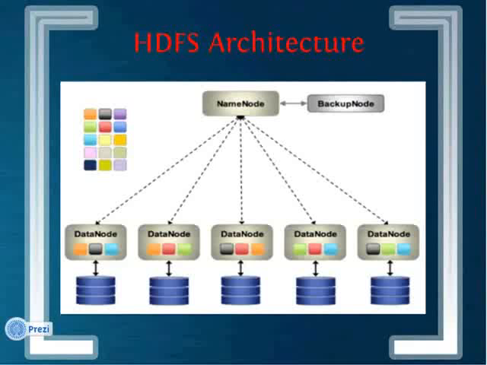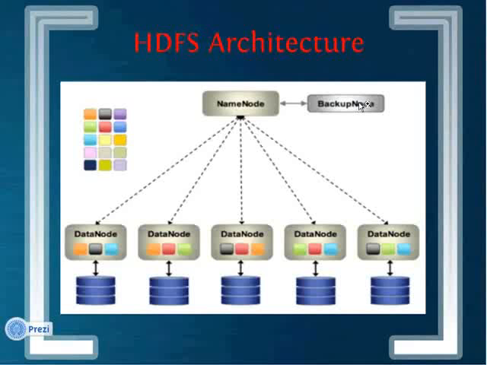So let's have a look at this diagram. Till now we were using terms like master machine and slave. But technically, in Hadoop terminology, the master machine is called the name node, this one, and the slave machine is called the data node. In this diagram, we have one name node and one backup node.